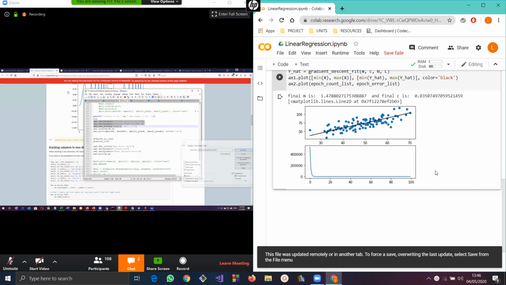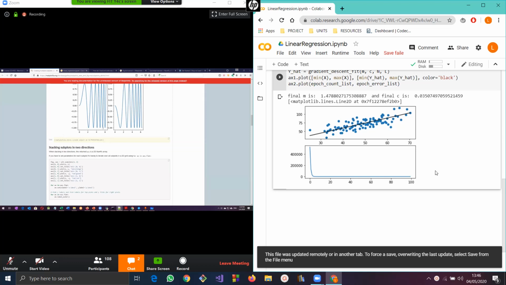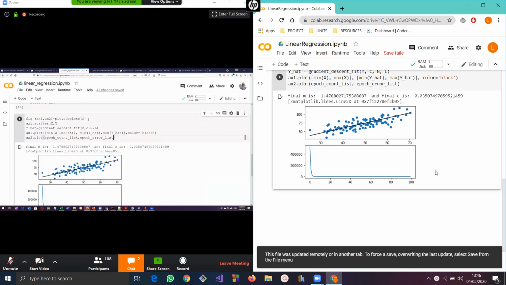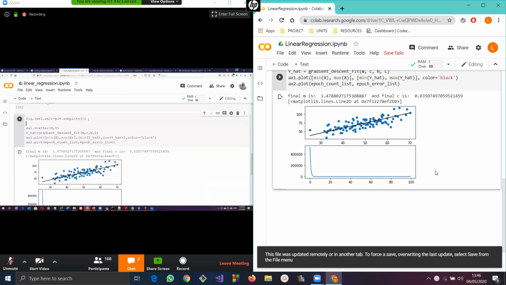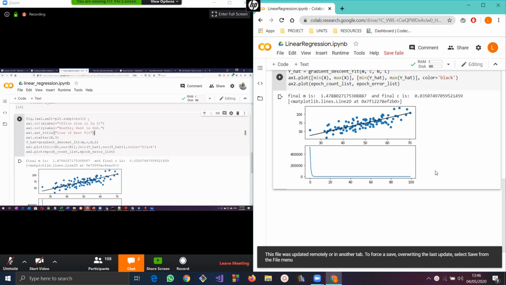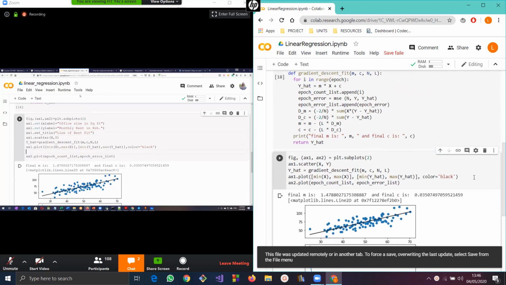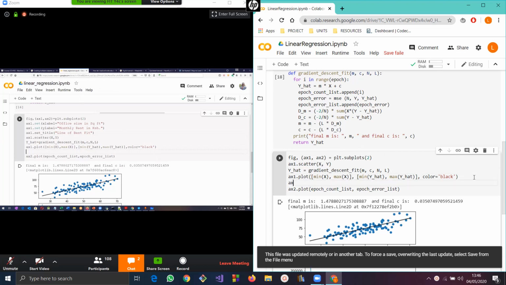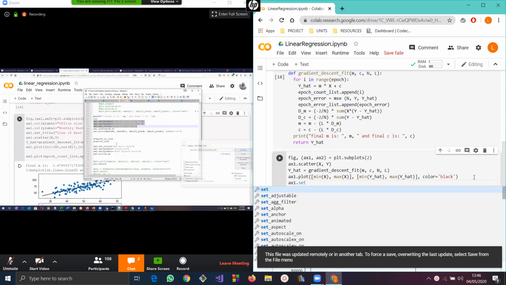Just ensure you don't mix tabs and spaces. You can cry all night trying to fix that error. Yeah, I think that one will work for my AX1. Then for my AX2, set your own titles.